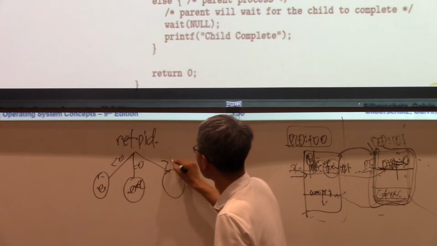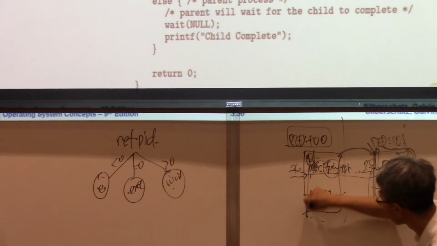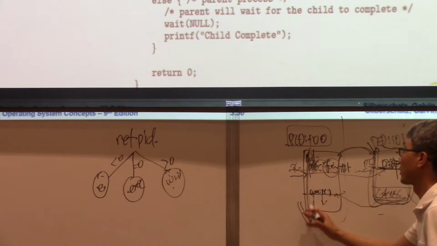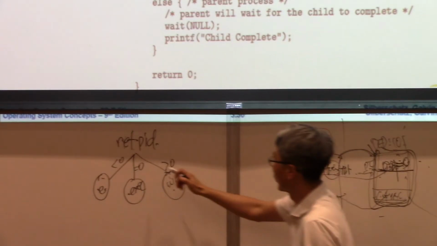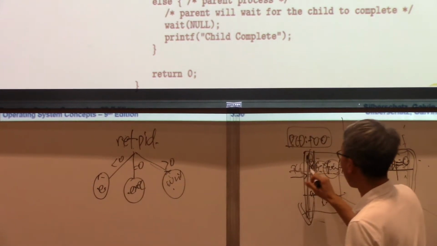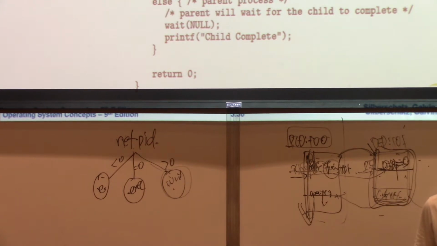And this one is the parent, the wait. Based on the instruction of the PID 100, it will go to this one because the RLT PID is 101, a positive value.